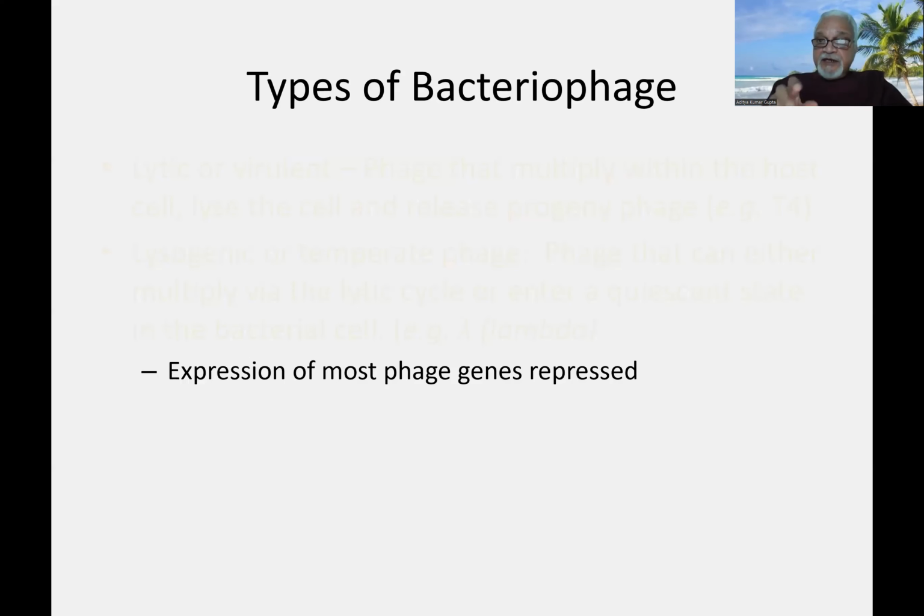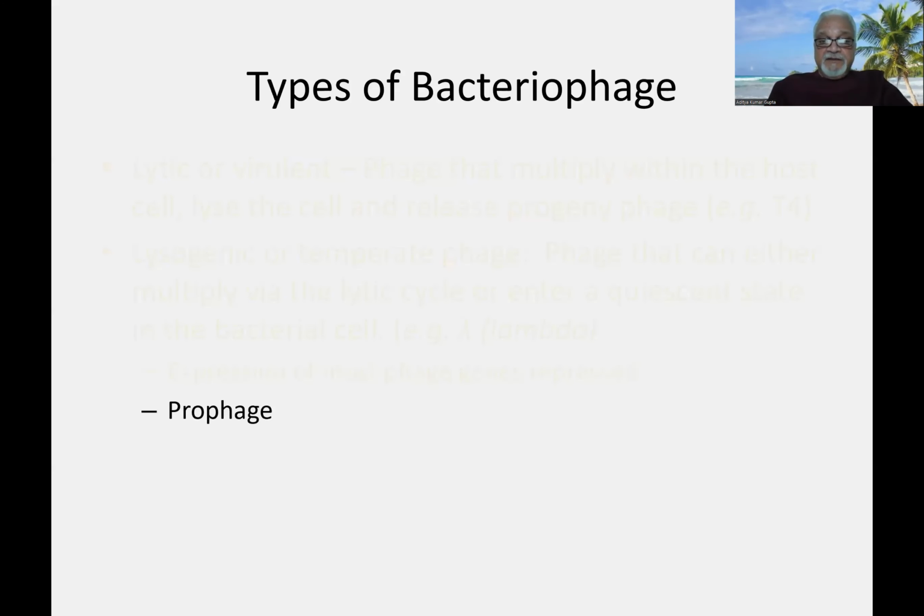So the phage is very intelligent in this case: so long as the host cell is healthy and multiplying, it lies silently there in the host cell. But once the host cell's DNA gets damaged, and the phage realizes that it is going to die, it comes out of the host cell and completes the cycle.